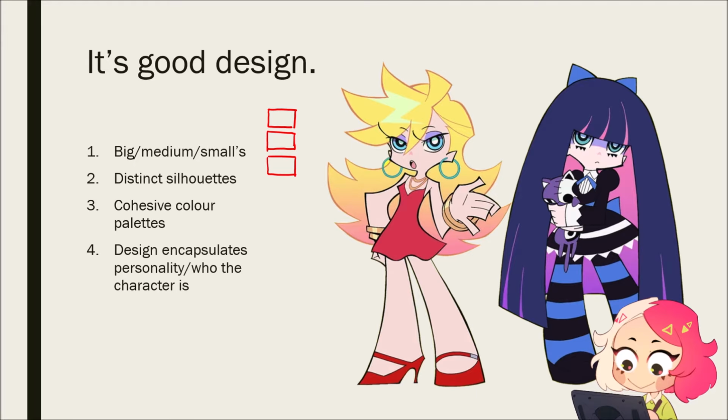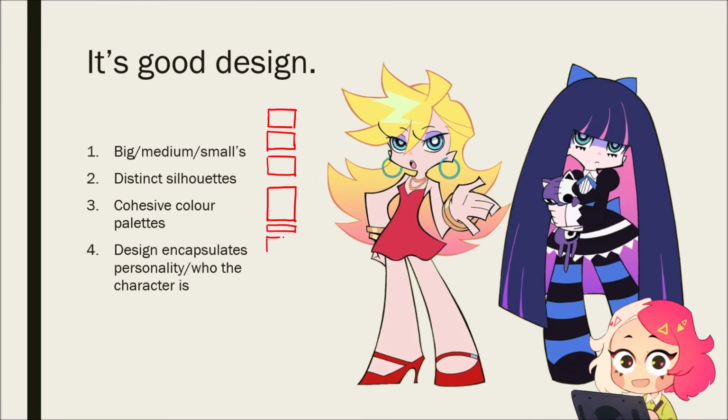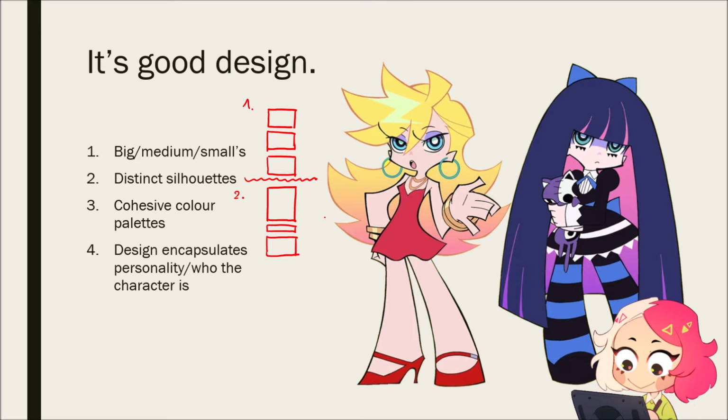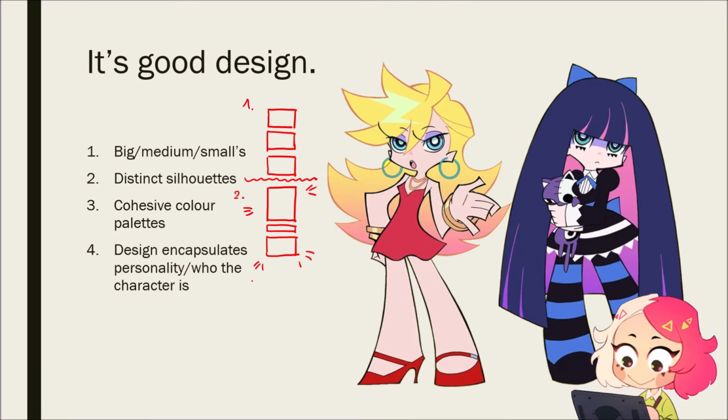But if we have a big shape, a small shape, and a medium shape, let's say that these are two separate situations, our composition, whatever it is, will end up looking more enticing, more dynamic, more interesting.